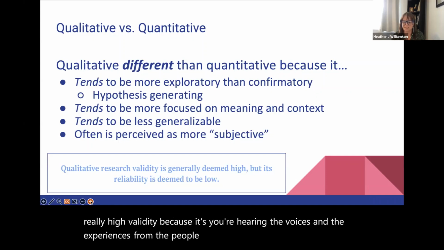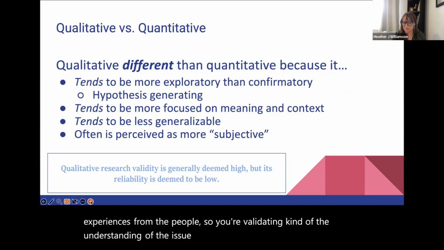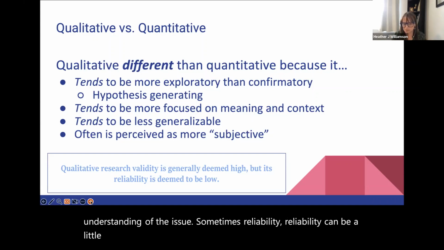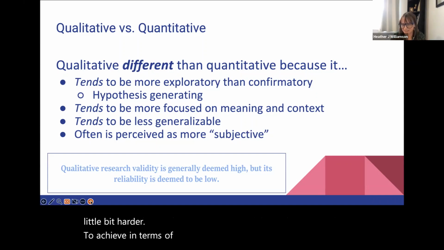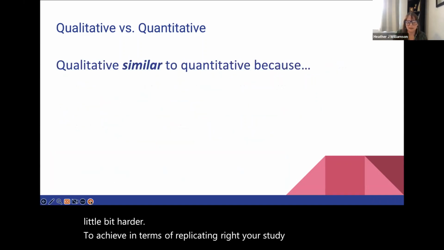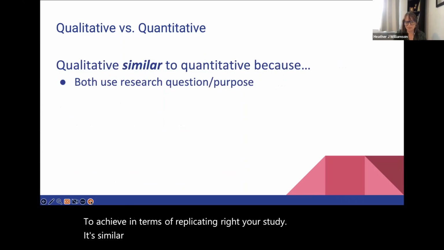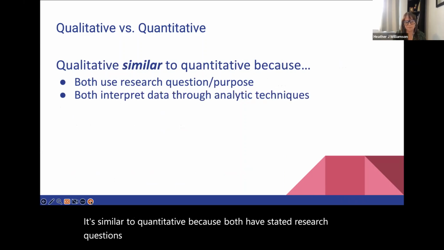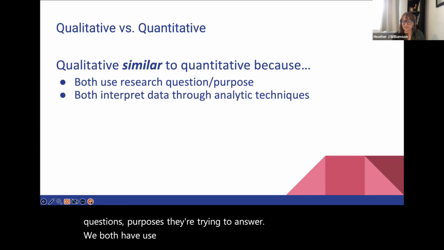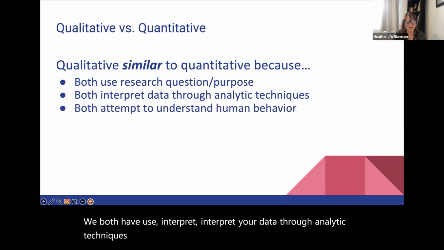So you're validating the understanding of the issue. Sometimes reliability can be a little bit harder to achieve in terms of replicating your study. It's similar to quantitative because both have stated research questions and purposes they're trying to answer. We both interpret our data through analytic techniques, and both are attempting to understand human behavior.